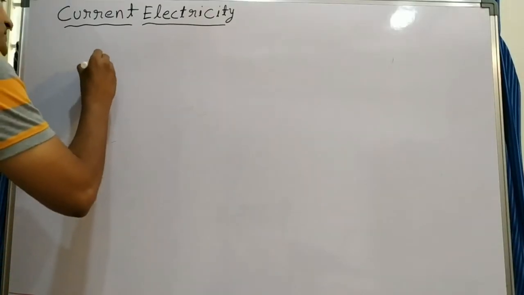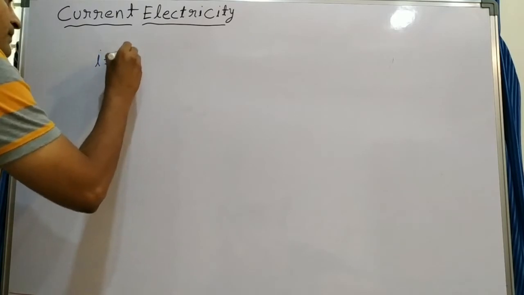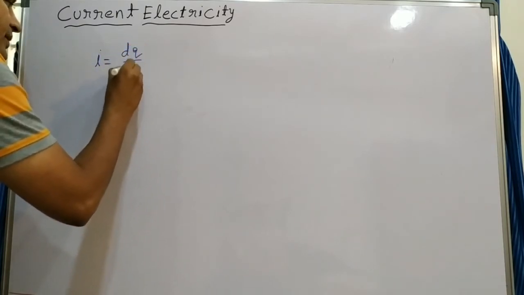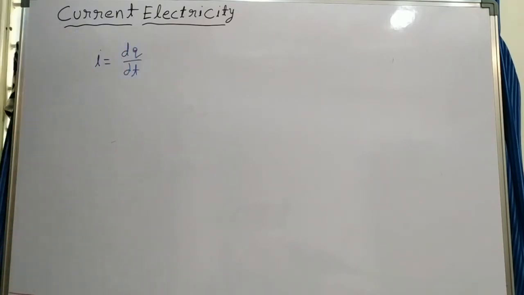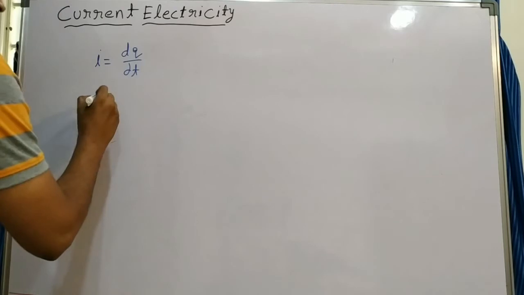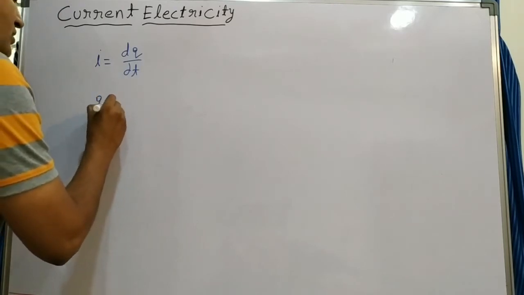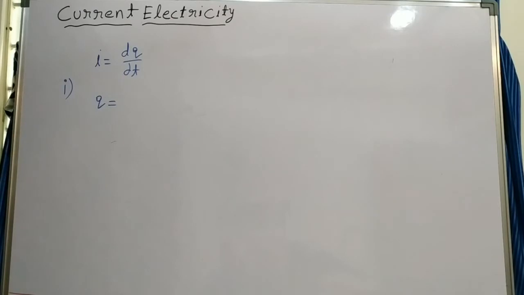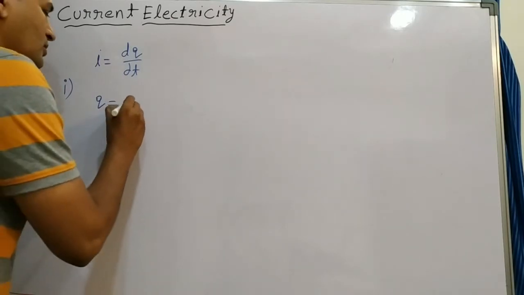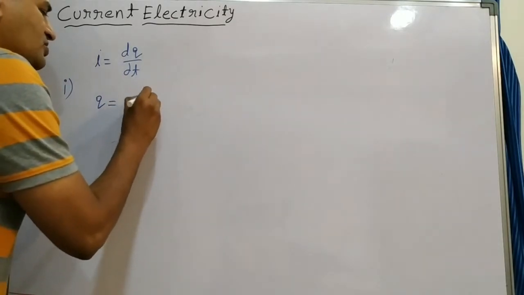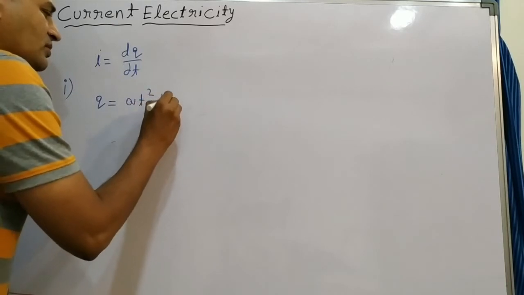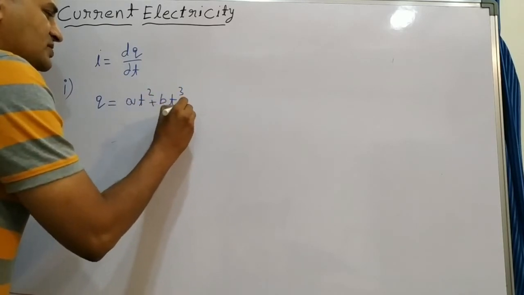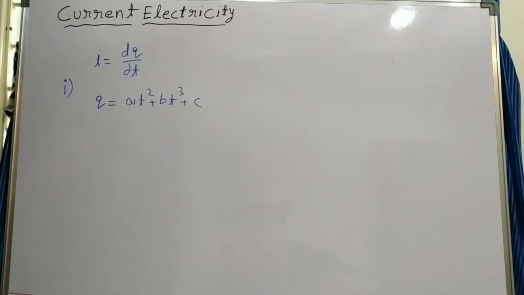I is equal to dq by dt. Suppose from this, if they give a charge equation, example 1 we can take. First type of question: q is equal to some constant a t square plus b t cube plus c, like this if they give.